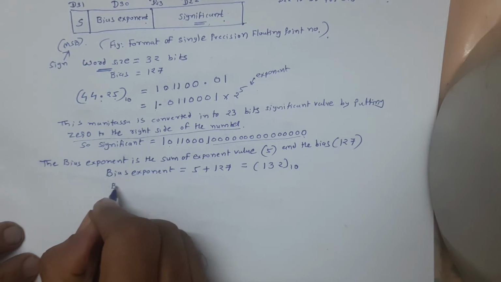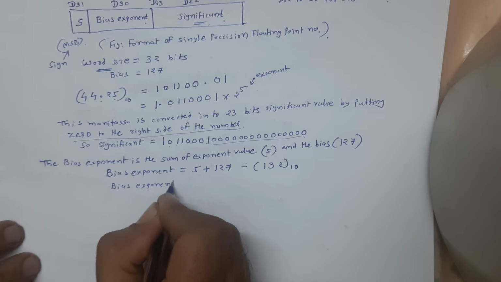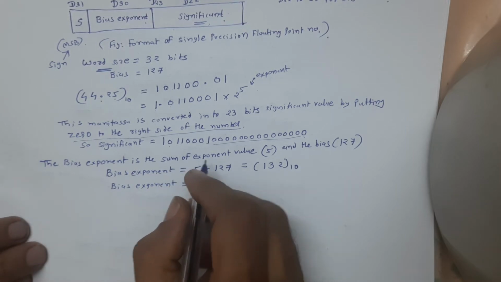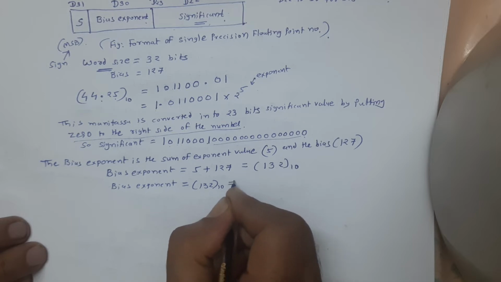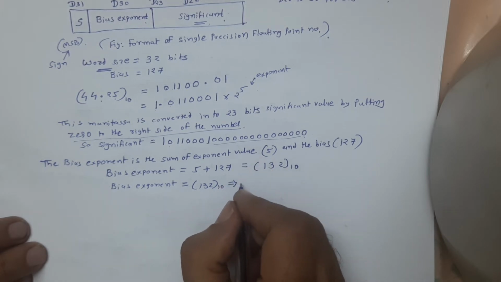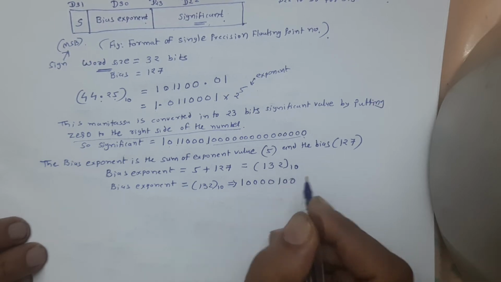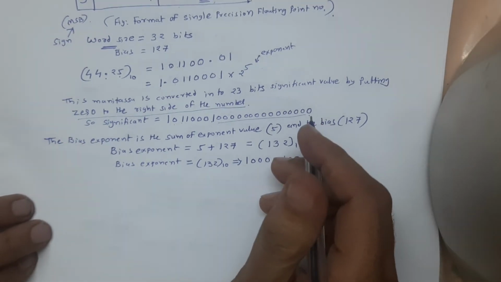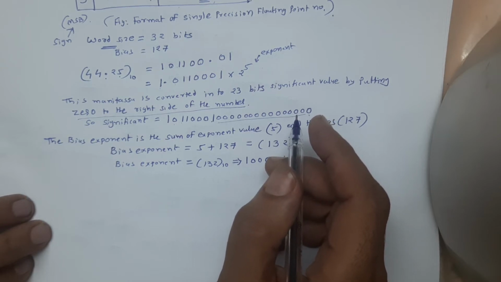Bias exponent, 132 in decimal converted to binary is 10000100. The number is positive, hence the sign bit is 0, and the single precision floating point representation of the given number is as follows.